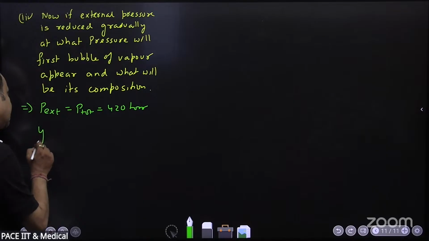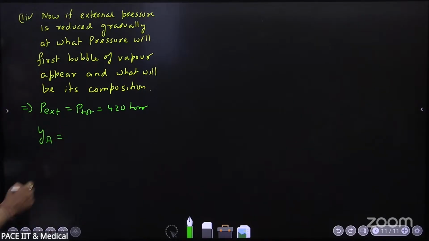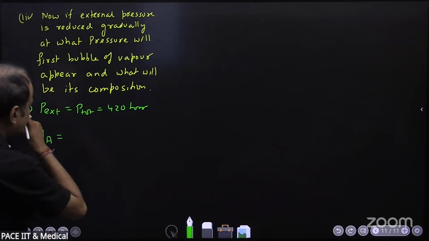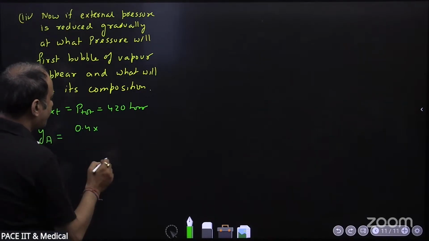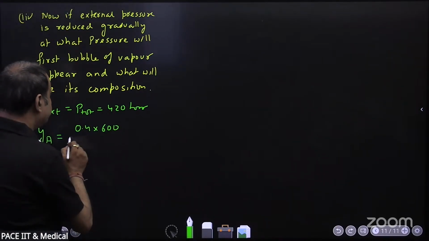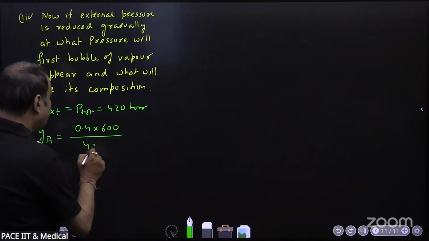And at this point, they are asking us the composition of this vapor. So basically they are asking us YA and YB. YA we can calculate. XA was 0.4 into 600 by 420.